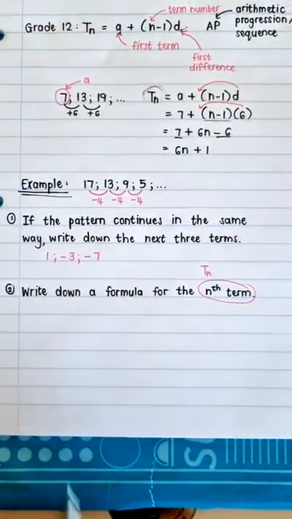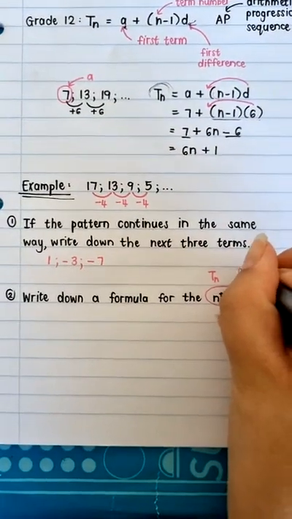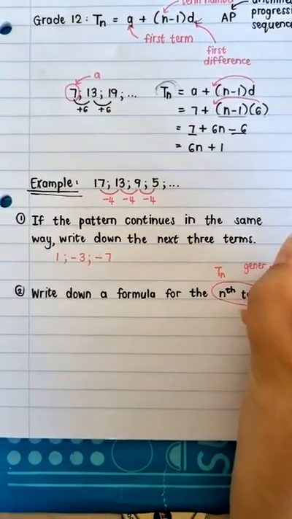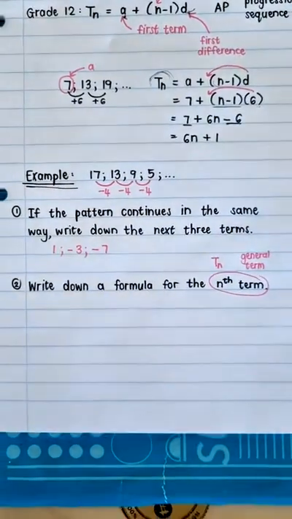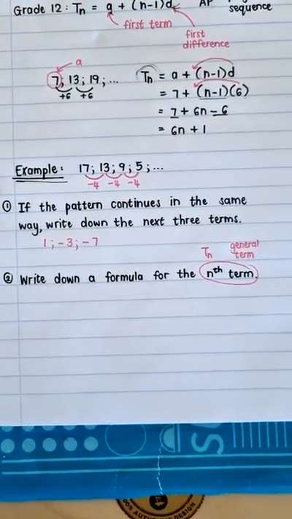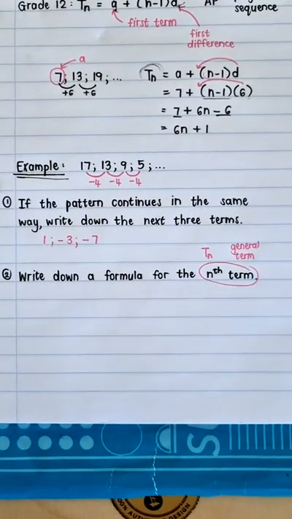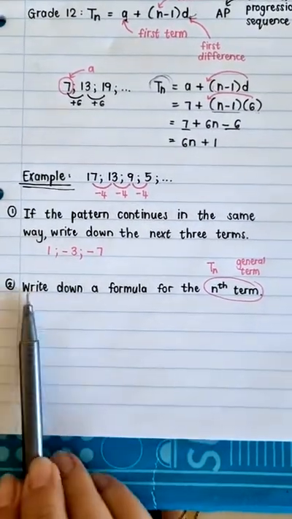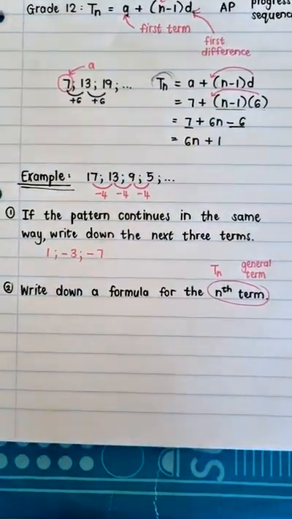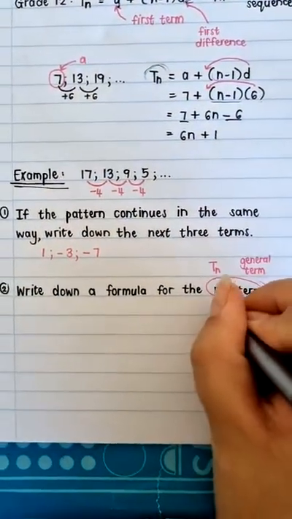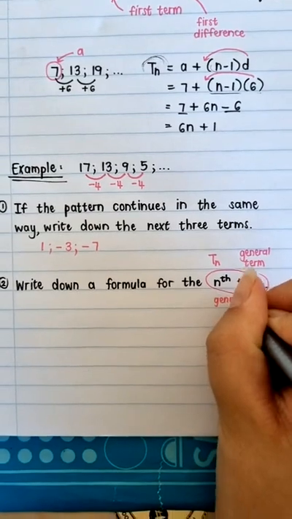They can say general term, which is the same thing as the nth term. They can also say general formula. So they could just say write down a general formula for the sequence. So instead of nth term, they could have just said general formula.